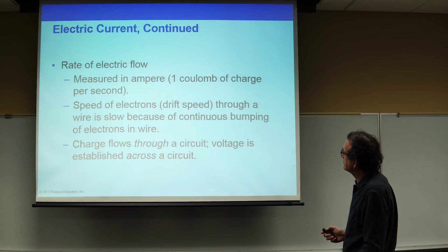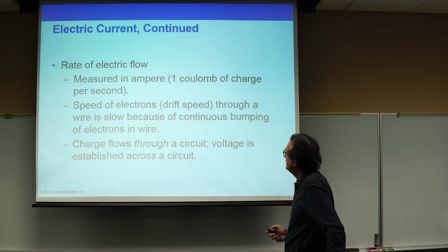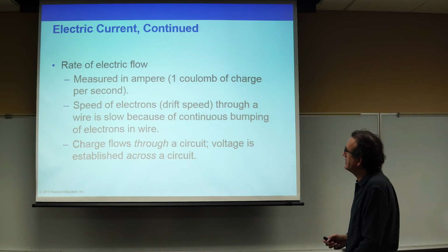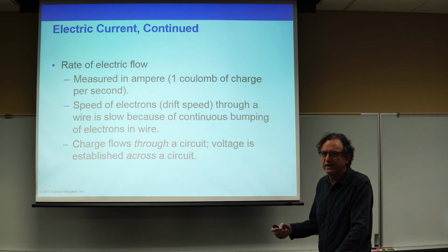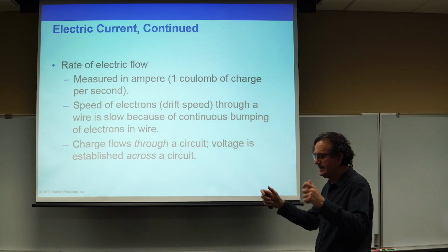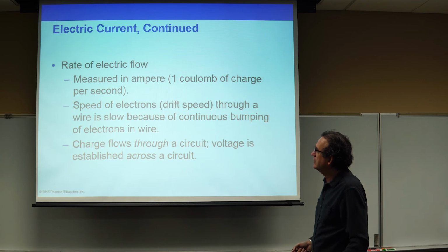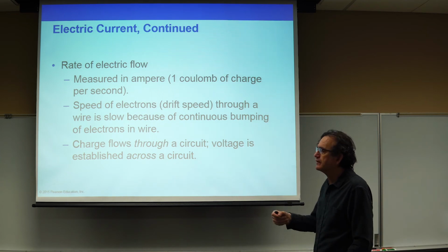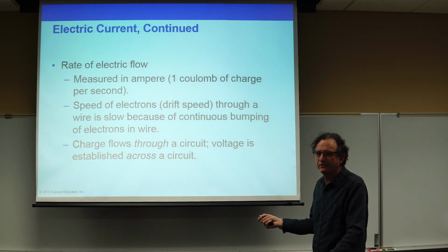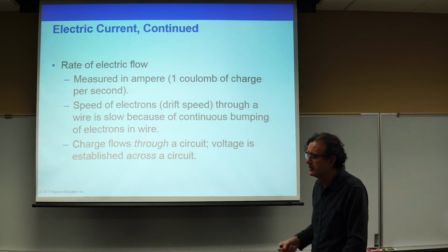The speed of the electrons through a wire is, as we will see, extremely slow because of continuous bumping of electrons in a wire. If we think of the electric field generated by applying the ends of the wire to a battery, it will in fact cause the electrons to move from the negative side of the wire to the positive side, where the positive terminal of the battery is.